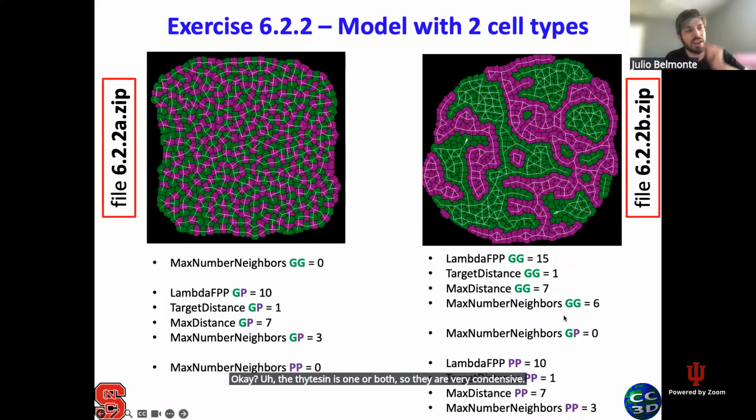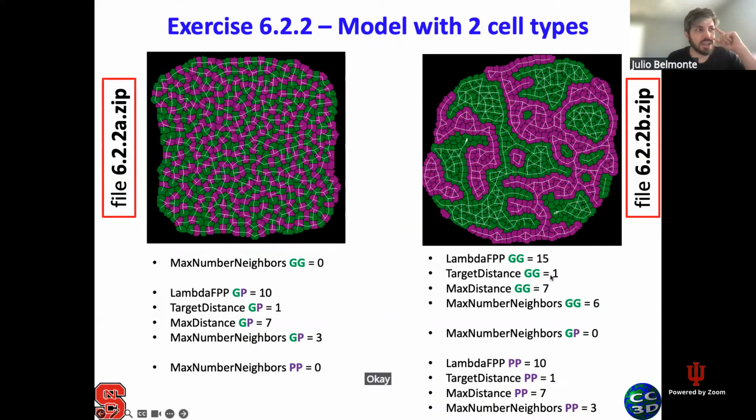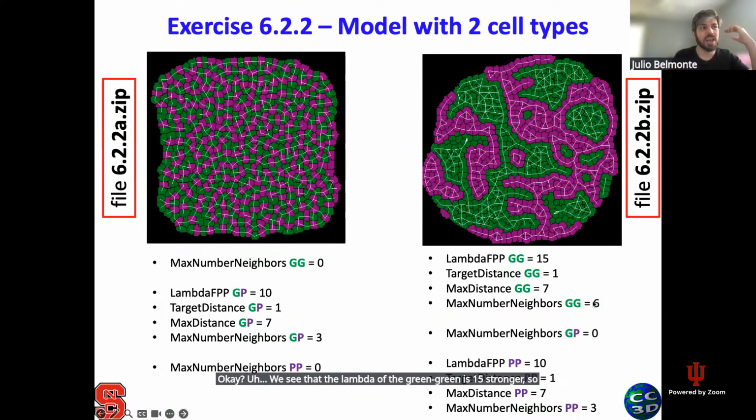The difference between the green and the purple is that the green condenses more than the purple. We see that the lambda of the green is 15, which is stronger, so a strong interaction, and I also allow for more interactions, up to 6 neighbors.